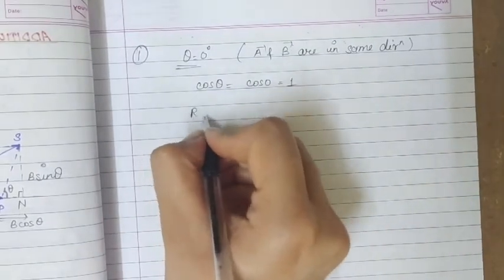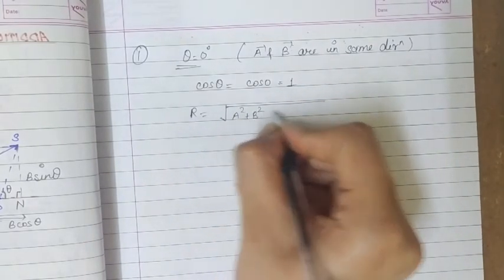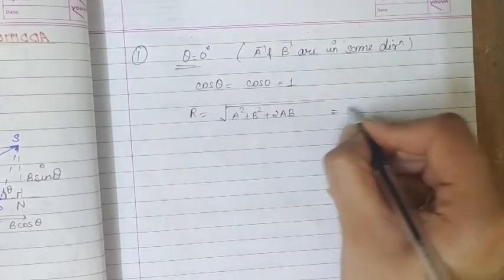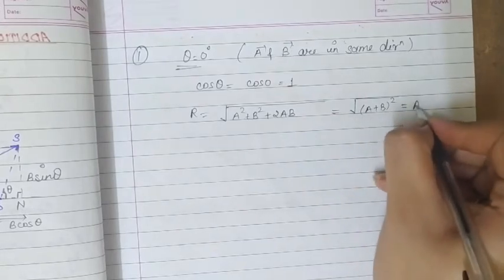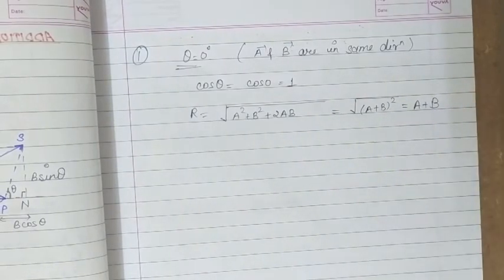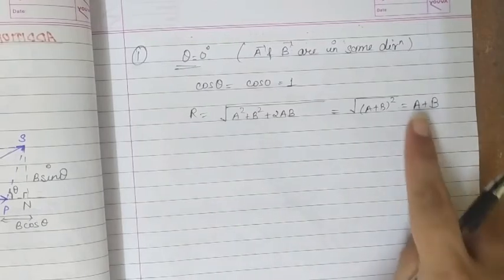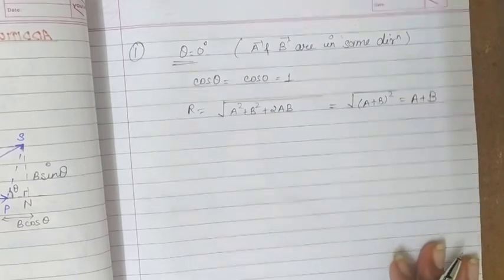So in that case R is equal to under root A square plus B square plus 2AB, and cos theta is 1, so it is 2AB, which is equal to under root of A plus B whole square. That means we are going to get resultant is equal to A plus B. So the magnitude of resultant vector is equal to the sum of magnitudes of two vectors acting along the same direction, and the resultant is also in the same direction in which A and B are acting.